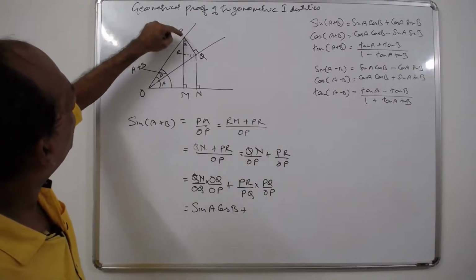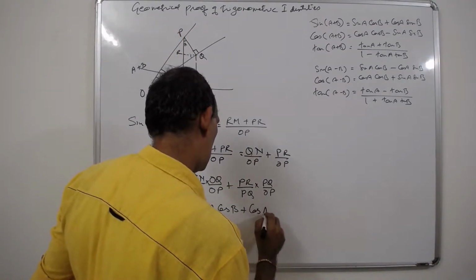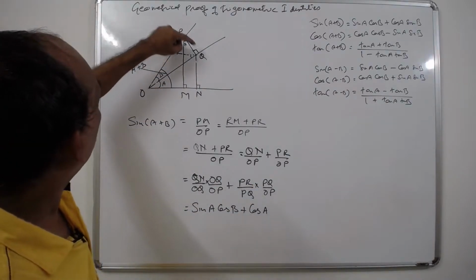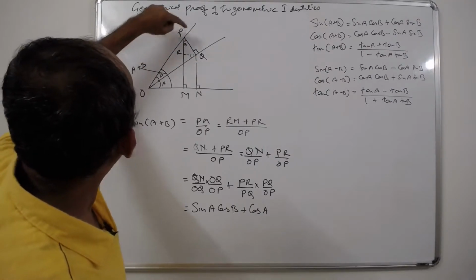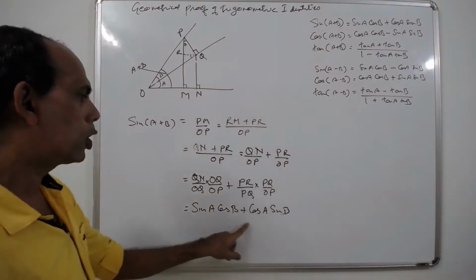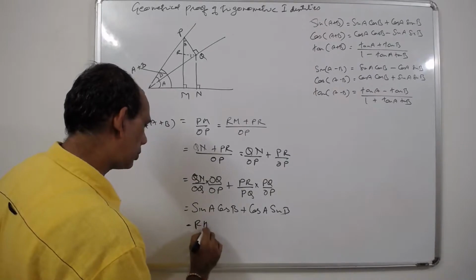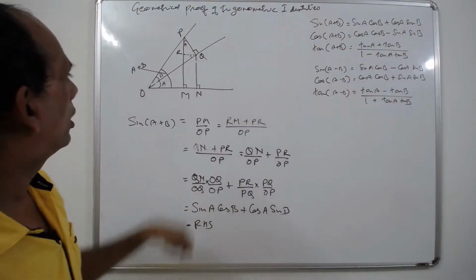PR upon PQ is cos of A. And PQ upon OP is sine of B. So you have sine A cos B plus cos A sine B, which is matching the RHS. So we have proved the first identity geometrically.